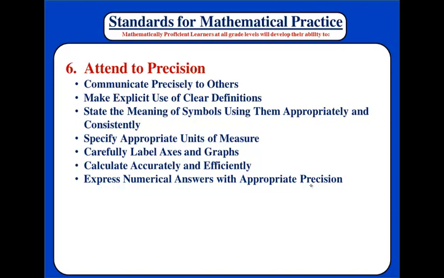We want to round off to the appropriate place in our final answers, but never round off in the middle of a calculation. We want to be sure that we are very precise about what we do. And attention to precision is a very important standard for mathematical practice. And again, like all of the other practices, this is something that can help you in many, many areas of your life.